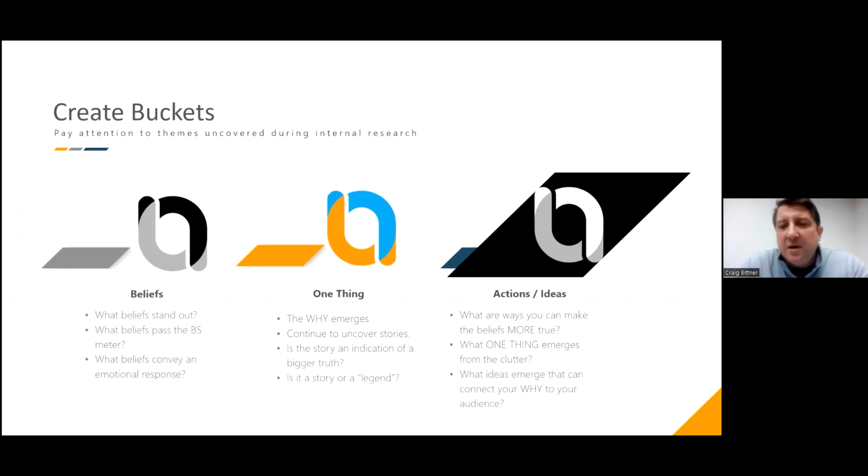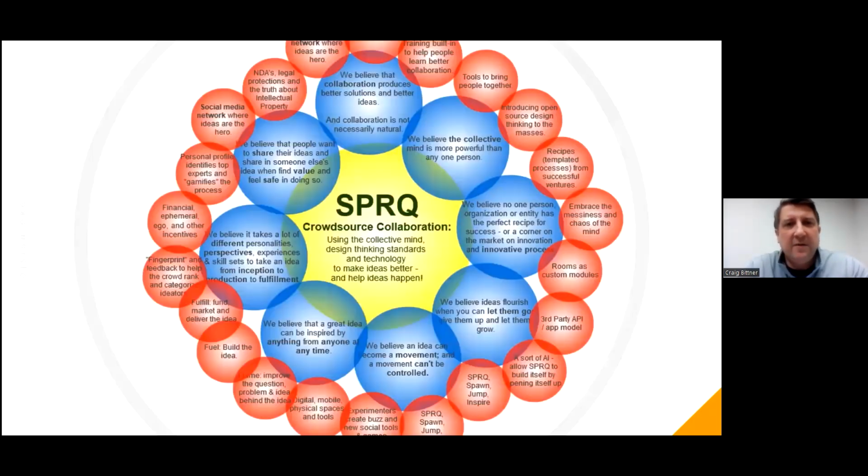What ideas emerge that can connect your why to your audience? So there's a lot of different ways. Once you have that why statement figured out and down, it can really start to unveil new functions, new features, new ways of doing things, new ways of seeing things. And so it's a really, really helpful exercise.